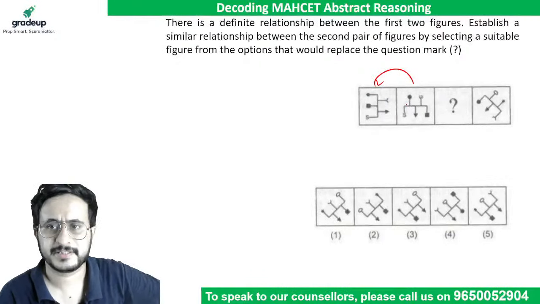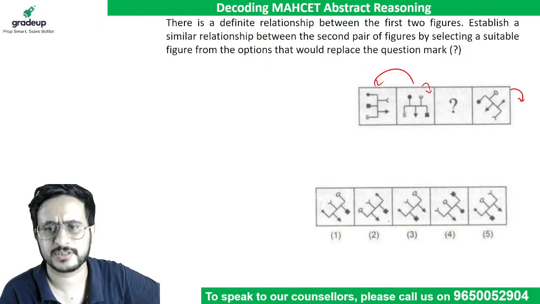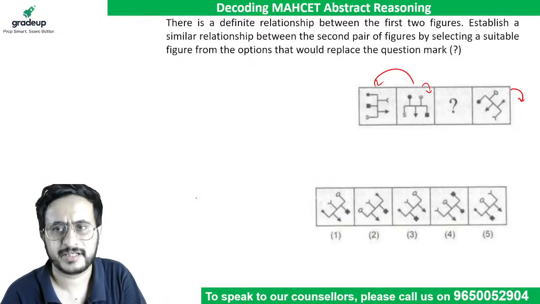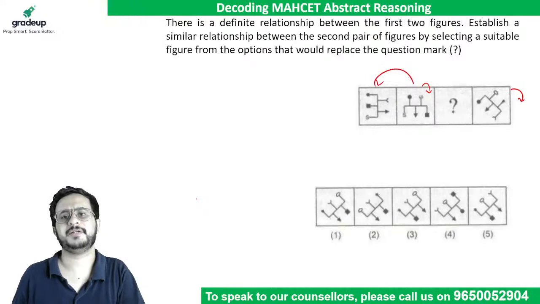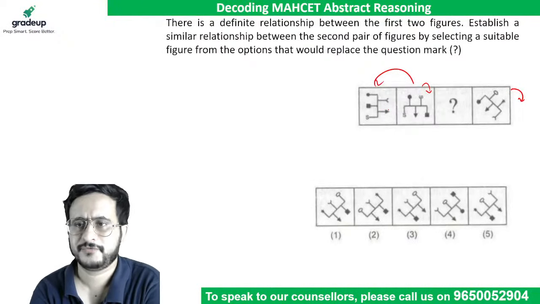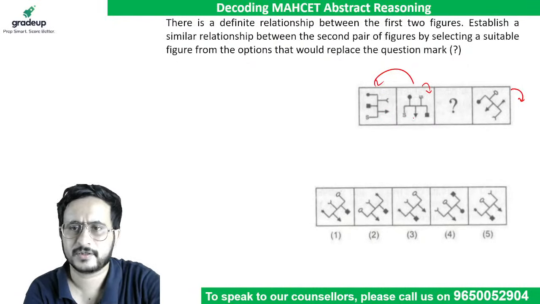So what is happening in this? First of all, it is rotated in this manner. So rotate by 90 degrees in this direction. That is there in all, right? So you need not worry about this. Now what are the 2 elements that are coming? If you see from here to here, which 2 elements have gone where?